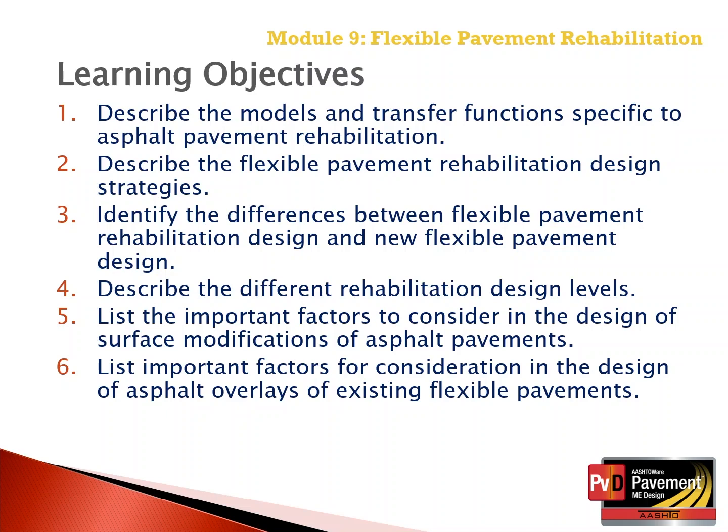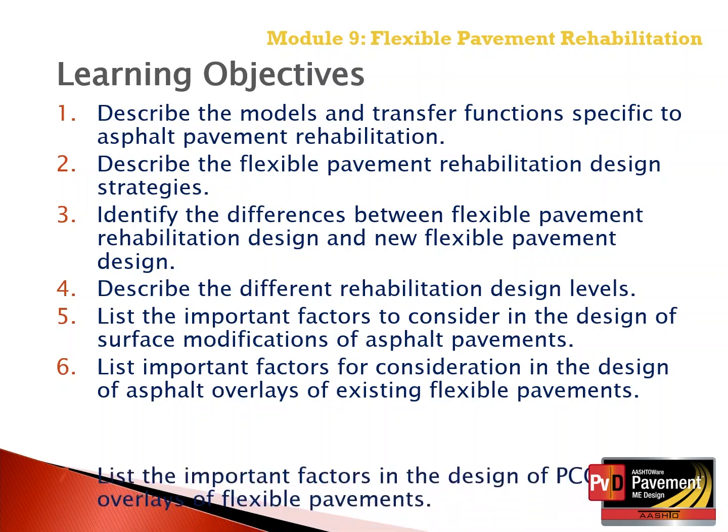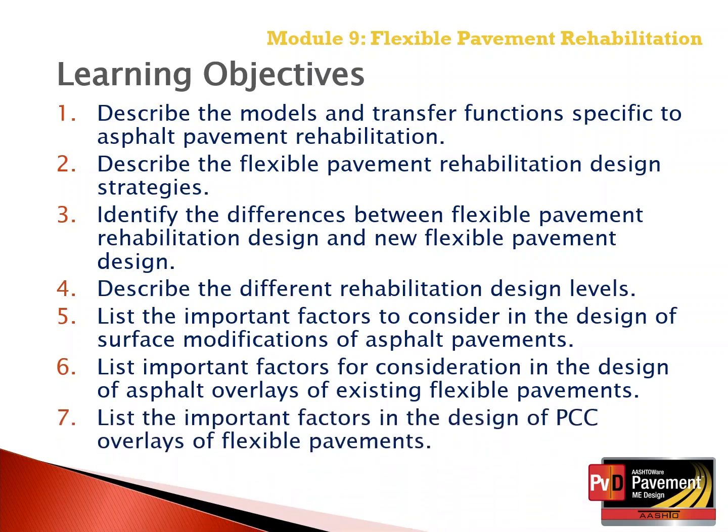These are asphalt structural overlays where the flexible pavement is marginally adequate. And then finally, objective 7 is to list the important factors in the design of concrete overlays of flexible pavements.